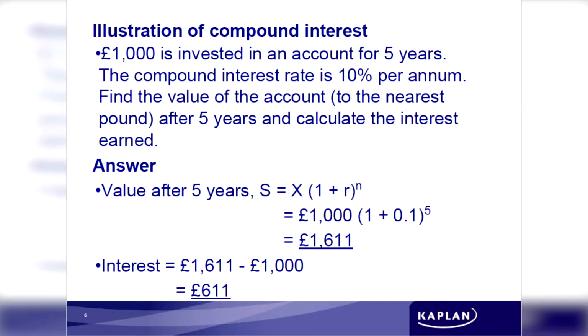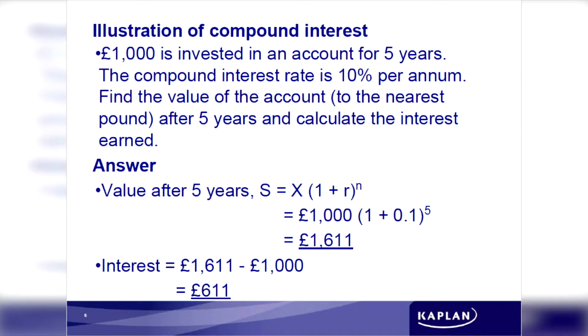So value after 5 years is simply, we've input in our formula, S equals X multiplied by 1 plus R to the power of N, which equals, our X is £1,000, our R is 0.1, our N is 5. And so if you do it correctly, your calculator should be showing you £1,611. So after 5 years, 10% per annum compound interest with an initial investment of £1,000, your account should now have £1,611.